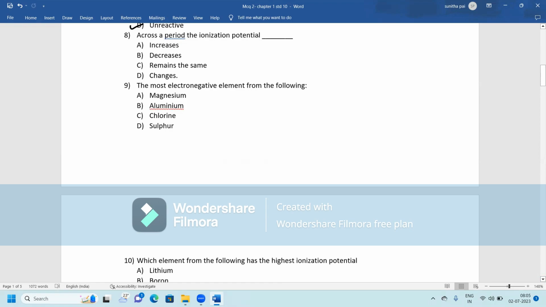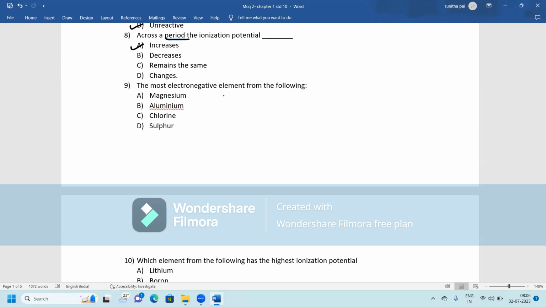Across a period, the ionization potential, meaning the energy required to remove the most loosely bound electron, that is the valence electron. So across a period, since the size decreases, it becomes difficult to remove the electron, which means ionization potential should increase.